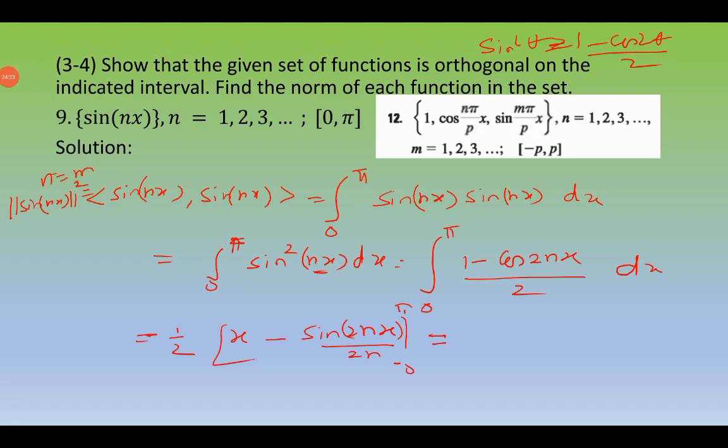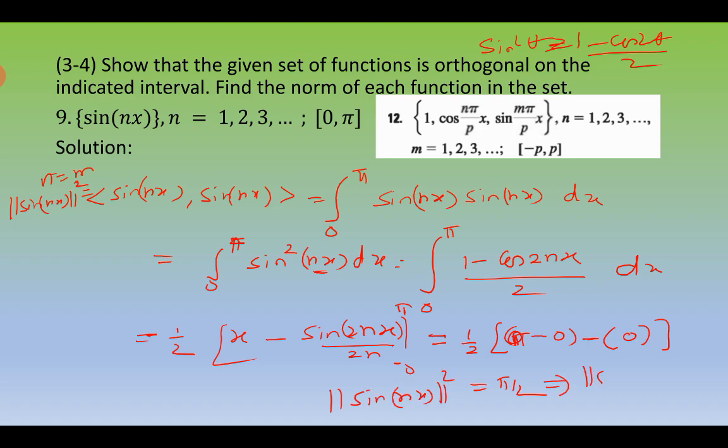When x is 0, sin 2nx is 0, upper limit will give you, when x is pi, this is pi, pi minus 0 for upper limit, minus, when x is 0, everything will be 0 for lower limit. So this is pi over 2, that is norm of sin nx whole square is pi by 2.